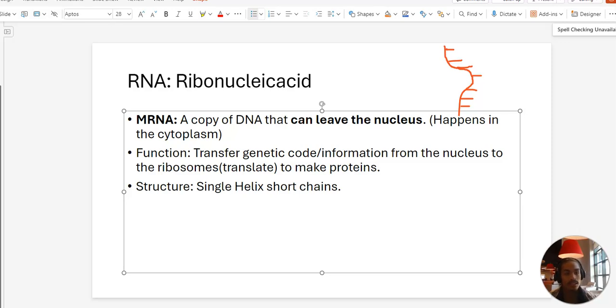So, unlike DNA, where it's A, G, C, T, this one is going to be pretty similar. A, adenine, guanine, G, C, cytosine.